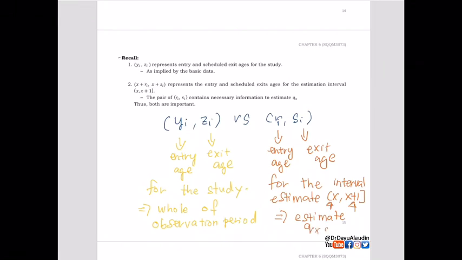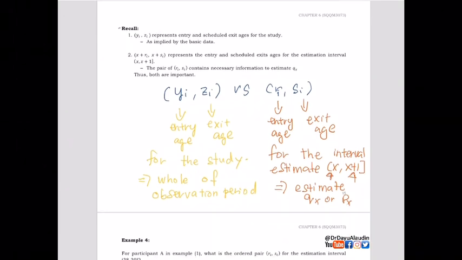Because this is incomplete data. So we have to estimate one interval to get the big picture for the whole observation period, since it is incomplete data. So we want to estimate the qx and the px to get the Sx.